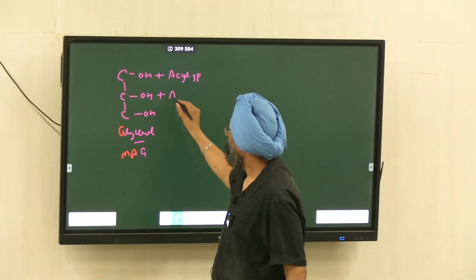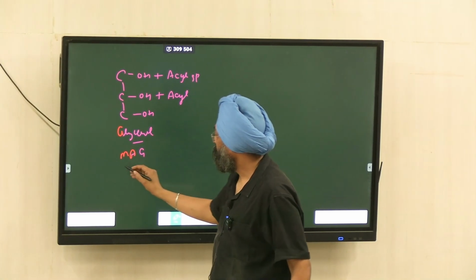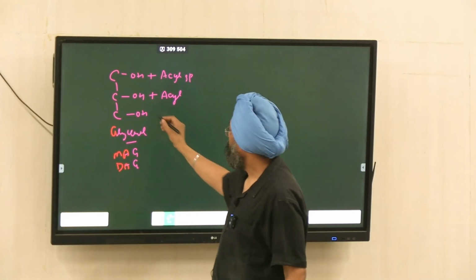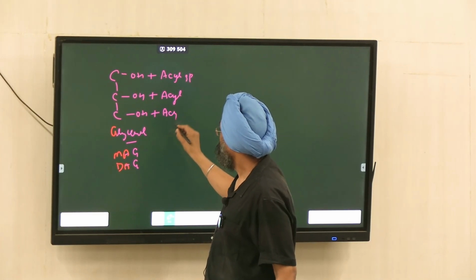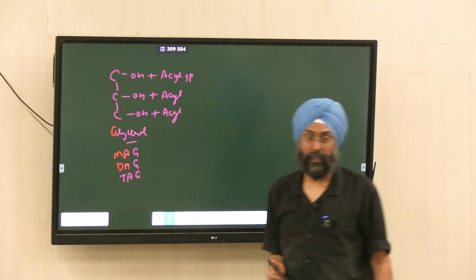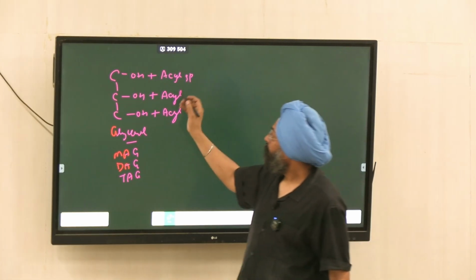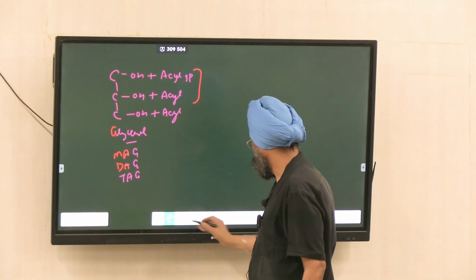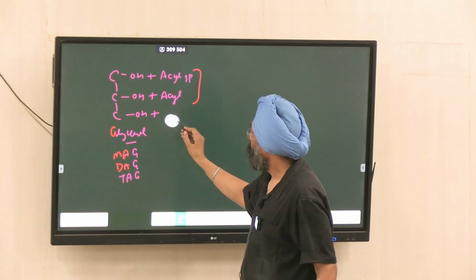Again another acyl is attached, it becomes diacyl glycerol. Again another acyl is attached, it becomes triacyl glycerol. Clear?